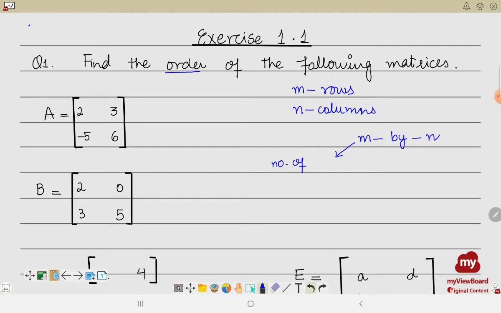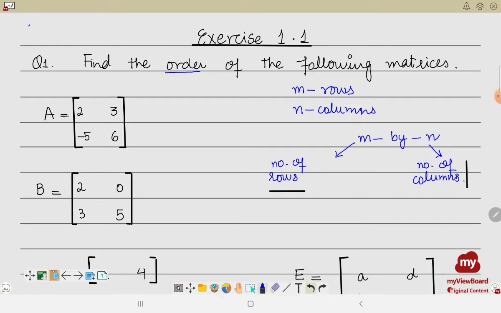The first digit of the order represents the number of rows, and the second digit of the order, that is n, represents the number of columns. So what were rows and what were columns? Rows were the horizontal arrangement of the entries, and the columns were the vertical arrangement of the entries.